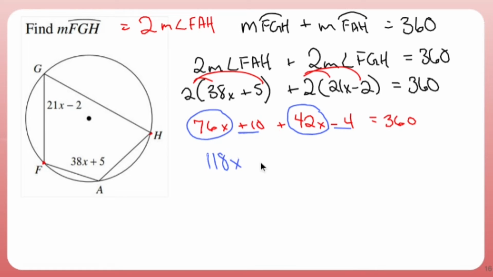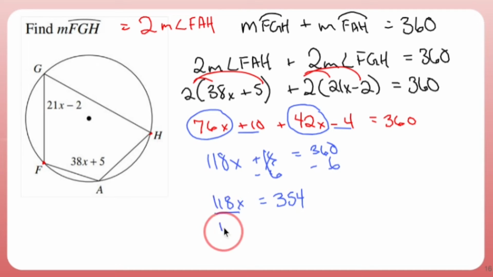Plus 10 minus 4 is plus 6, equals 360. Subtract 6 from both sides. 118x equals 354. Divide both sides by 118. And x is a perfect little 3.